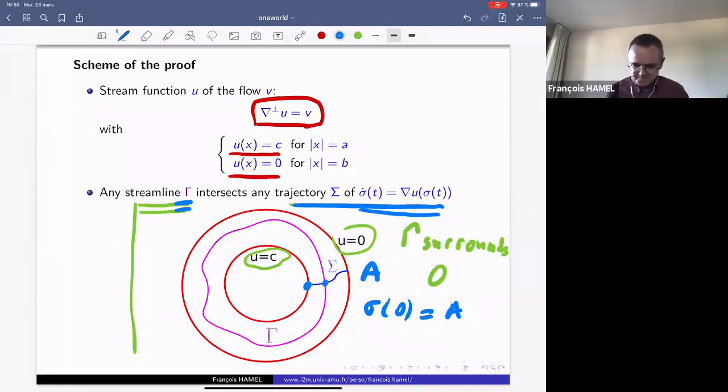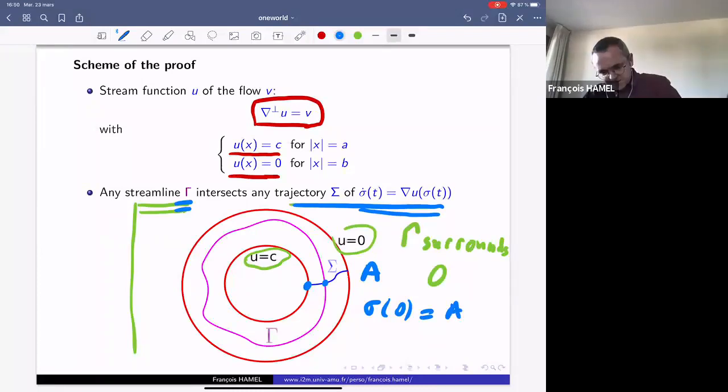So what we want to show is that u is radially symmetric. In other words, we want to show that any streamline capital gamma is a cycle. So far we know that it surrounds the origin.